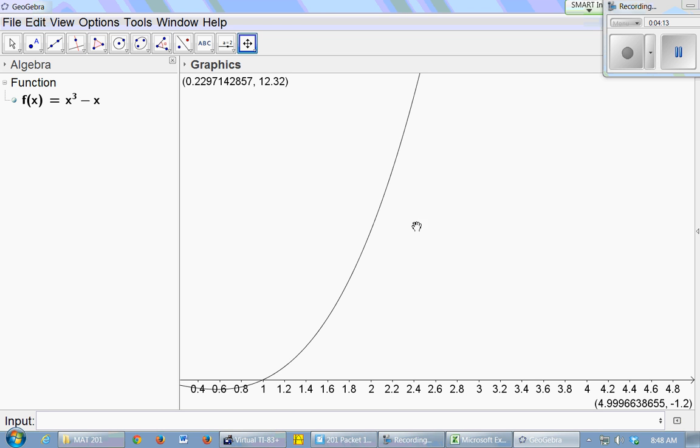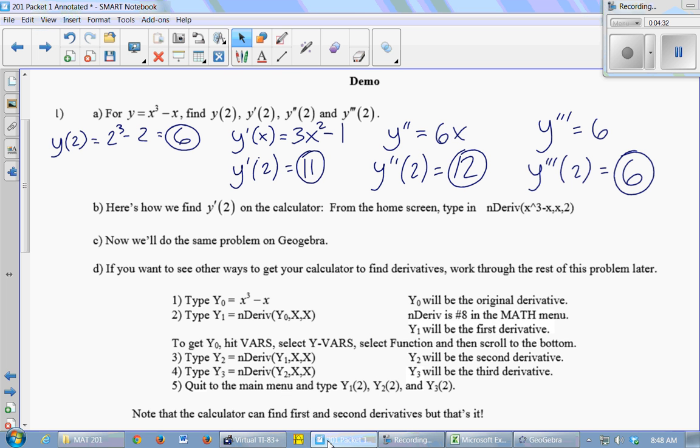So like here-ish. And GeoGebra can just calculate that for you. It knows prime notation. You can type f prime of 2. And it gives you the output of 11. Very fast. So just 2 ways to use technology to get the answer that we already got using a little algebra.